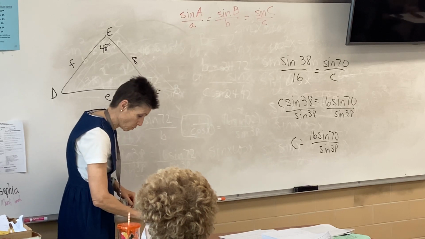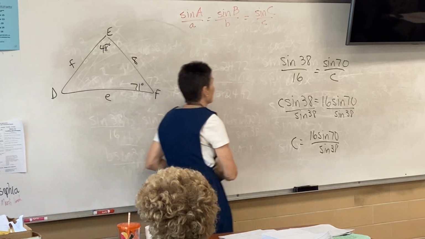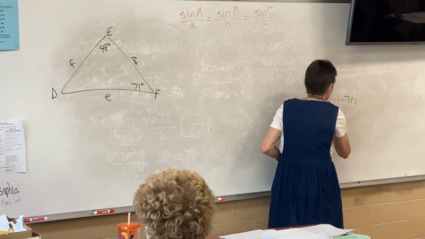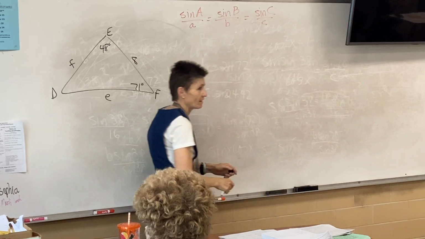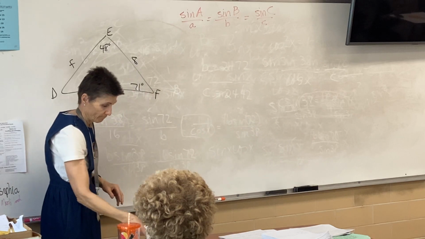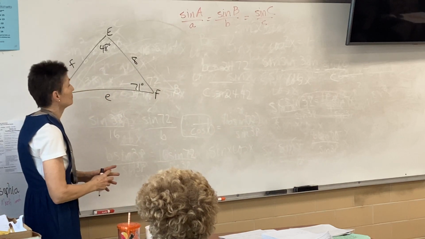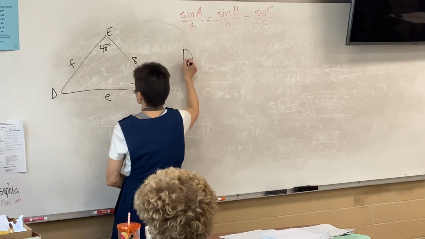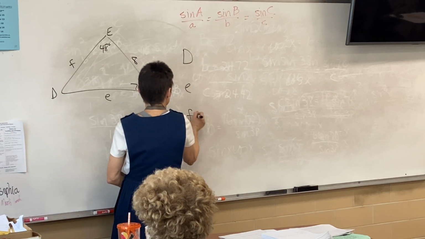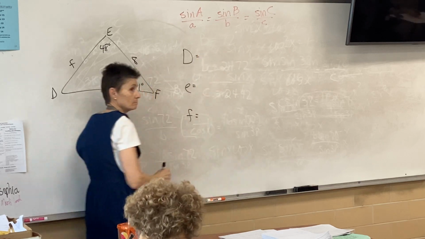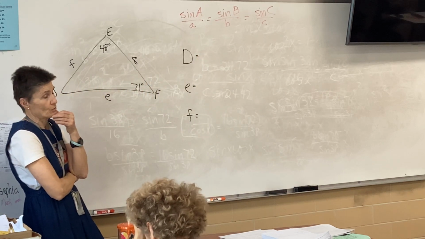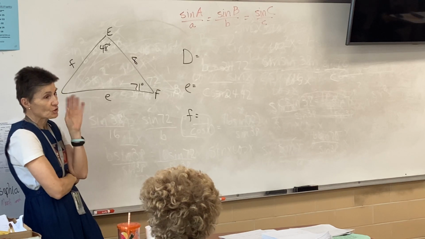All right, so what's your thought about proceeding with this problem? Kendrick, what do you think? We'll look back at the one we just did. What did we do first? This is just like that problem.